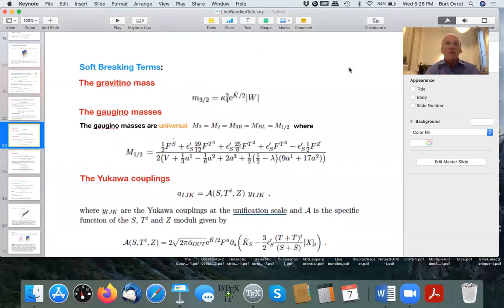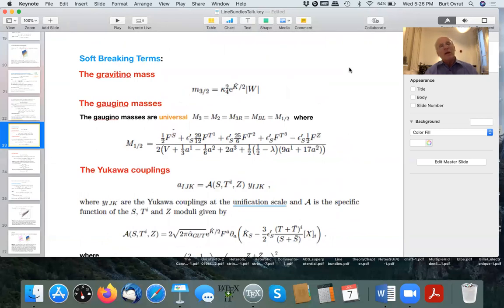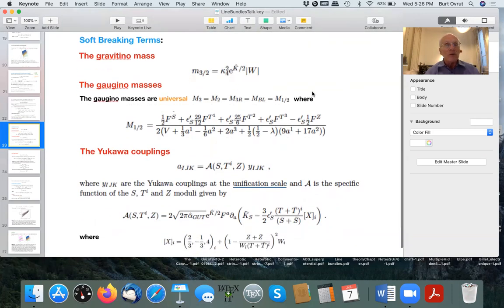The various soft supersymmetry breaking terms have been worked out in various places. With Lukas and Waldram, we extended them to next order, so it goes to kappa 11 to the 4/3, which had not been done before. And that's what I'm using here. The gravitino mass is given by that expression. So we know what K hat is, we know what W is.